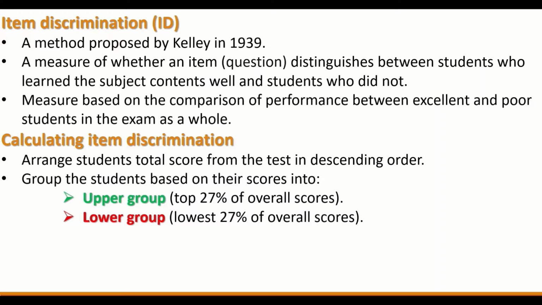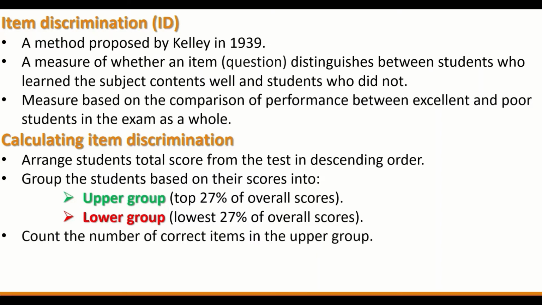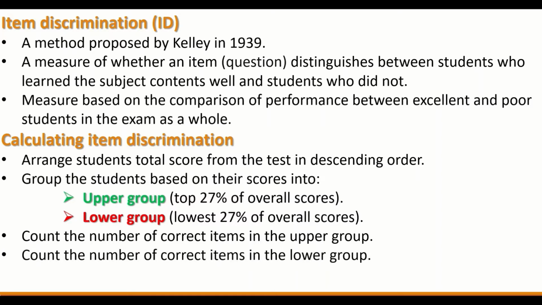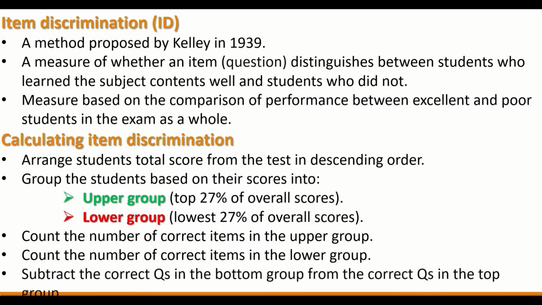The upper group contains the top 27% of overall scores, and the lower group includes the lowest 27% of overall scores. Count the number of correct answers in the upper group, and then count the number of correct answers in the lower group. Then subtract the correct answers in the bottom group from the correct answers in the top group.